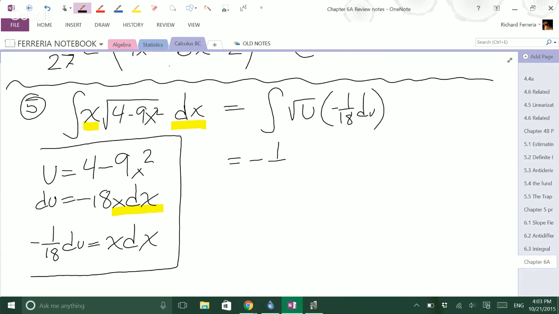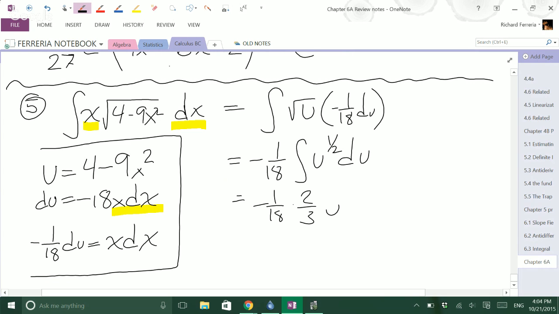That's negative 1/18 antiderivative of u to the 1/2 du. So that's equal to negative 1/18. 1/2 plus 1 is 3/2. So 2/3 u to the 3/2 plus constant.